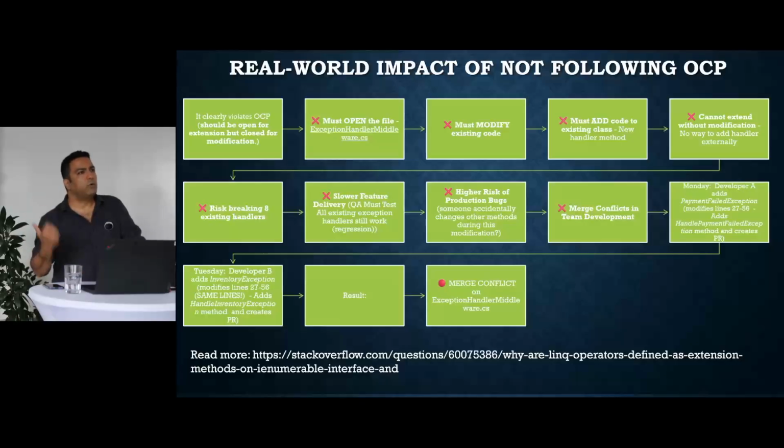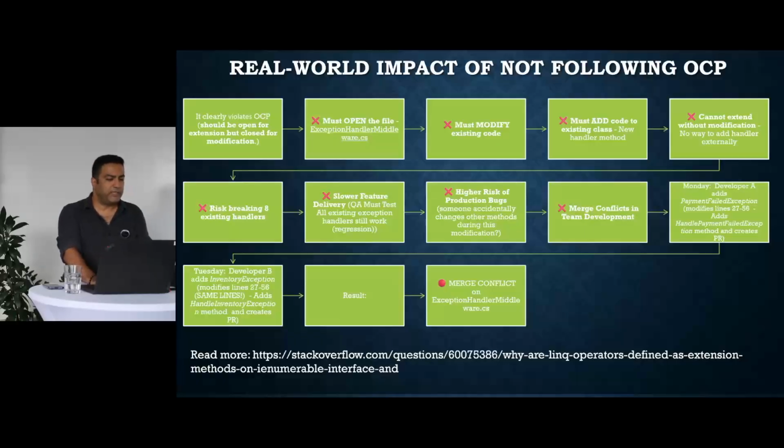But in order to add another exception type for this class, I have to open the file, I have to modify the existing code, I have to add code to the existing class. I cannot extend without modification because there's not any other way for handling a new kind of exception.